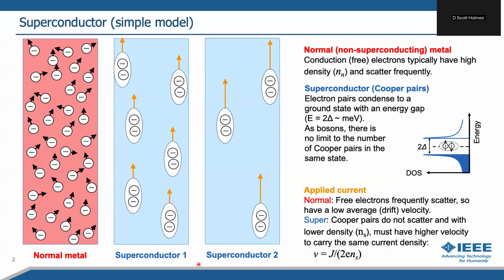The velocities can become very great, such that the kinetic energy of the pairs is significant, and inductance has to include the kinetic energy, the kinetic inductance.